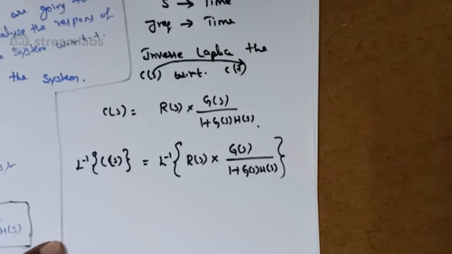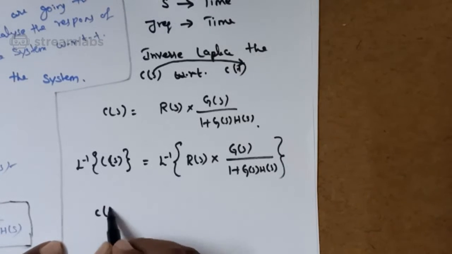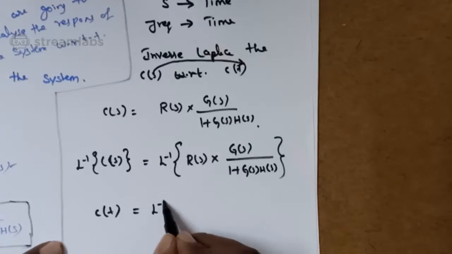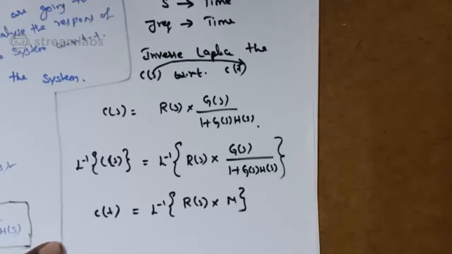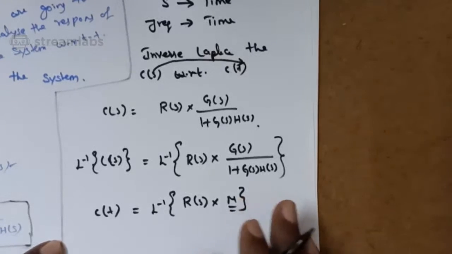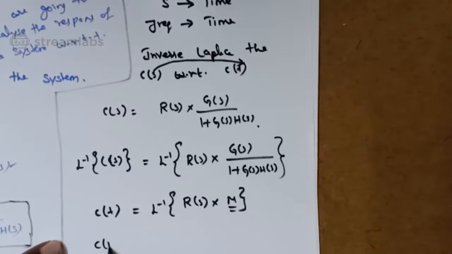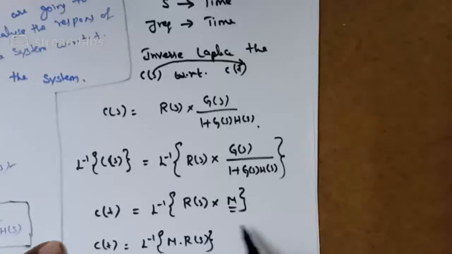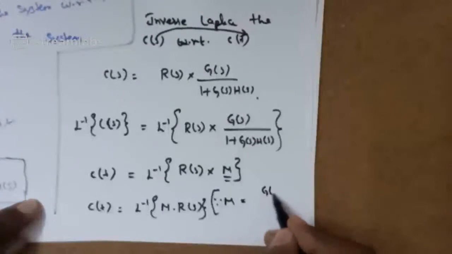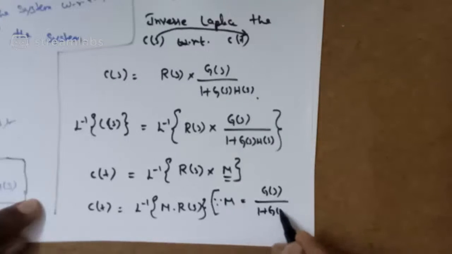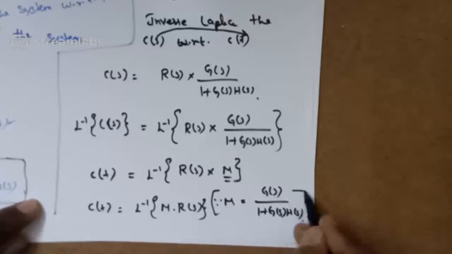Now C of s becomes C of t, equal to inverse Laplace of M into R of s, where M is equal to G of s by 1 plus G of s into H of s.